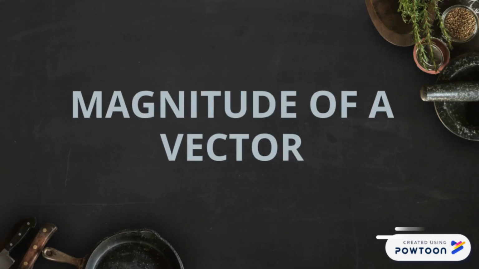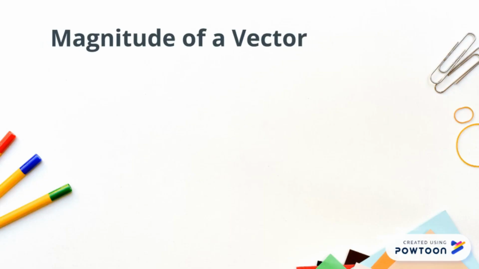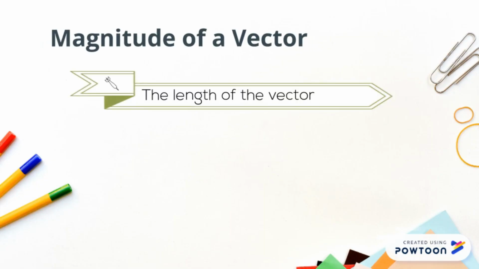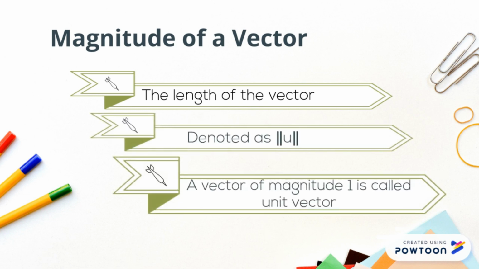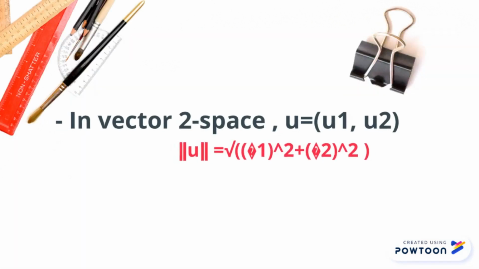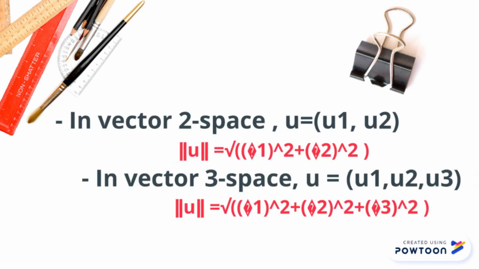Next is the magnitude of a vector. Magnitude of a vector is the length of a vector. It can be denoted as magnitude of u. A vector of magnitude 1 is called the unit vector. This slide will help you to find out the magnitude of a vector for the vector in two space and vector in three space by using this formula.